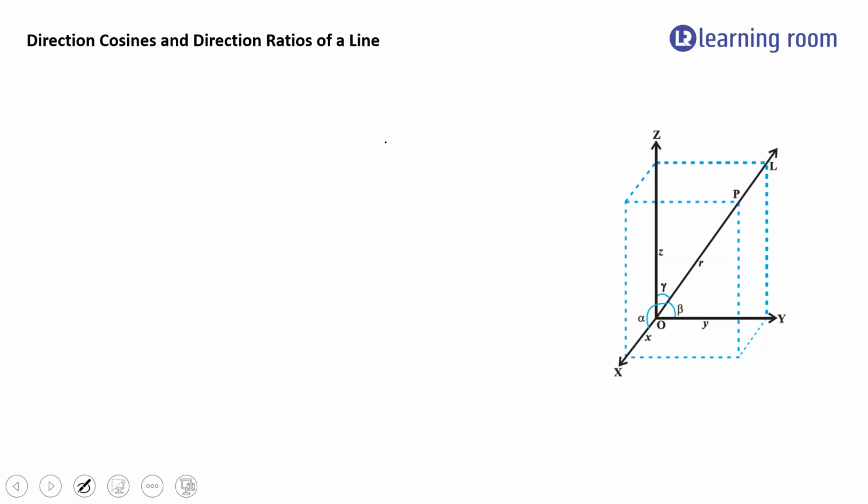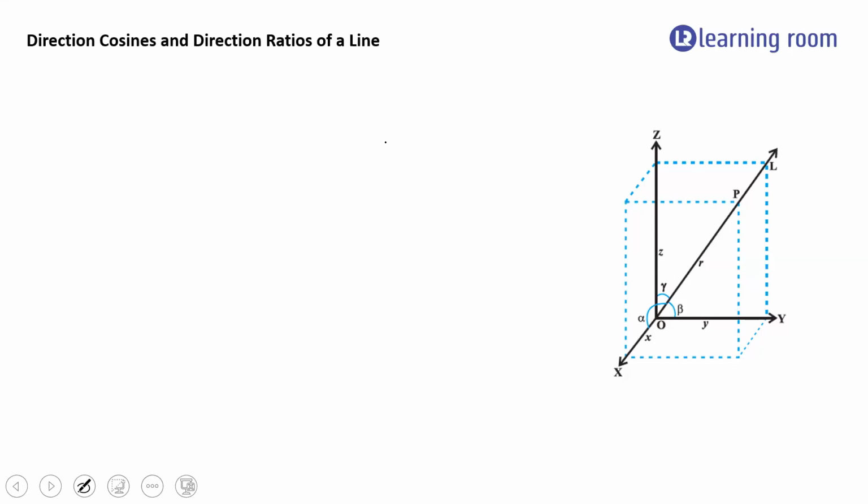But if I extend this line in the backward direction, then I will be able to define 3 angles. What are those angles? Those are the angles made by this line with the 3 different axes.